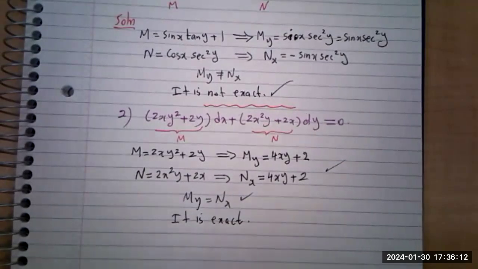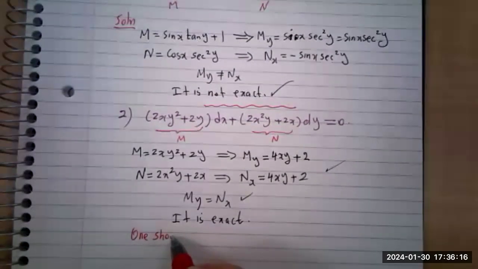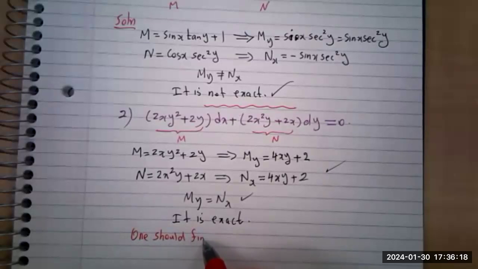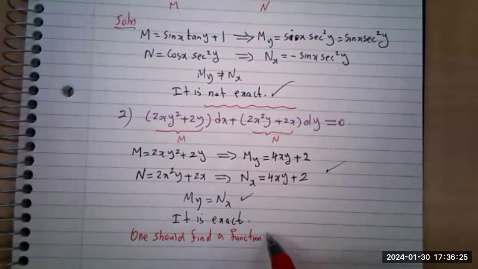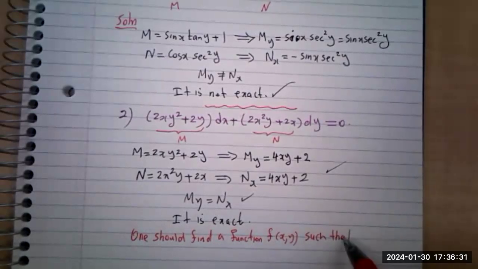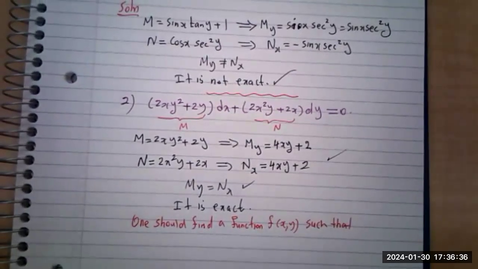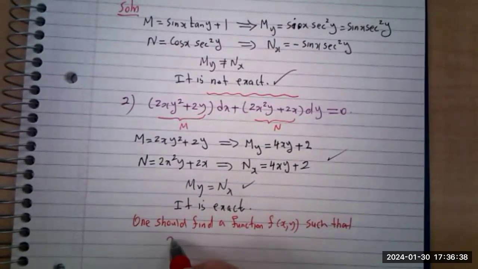One should find a function of two variables, f of x comma y, such that this function would satisfy two equations. The equations are: partial f partial x is equal to M.